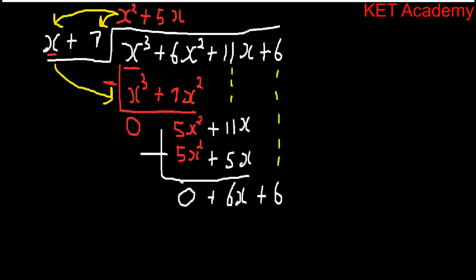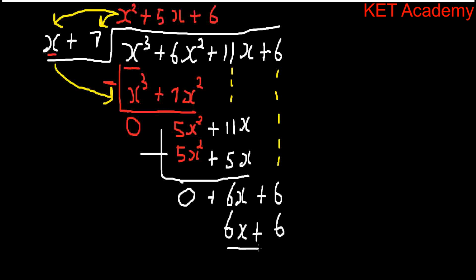Now 6x divided by x is going to give us plus 6. Now 6 times x is going to give us 6x, and 6 times 1 is going to give us plus 6.